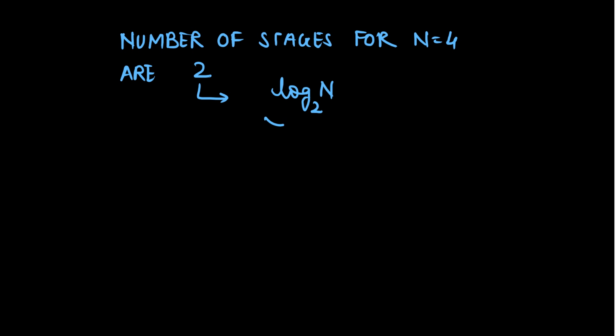So this log n to the base 2 would be giving us m, which is equal to the number of stages.